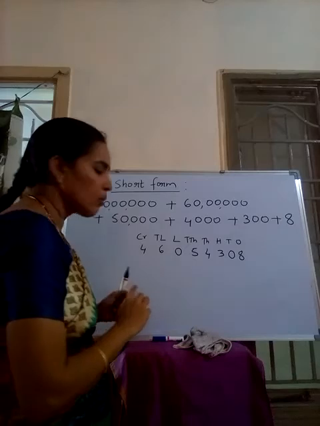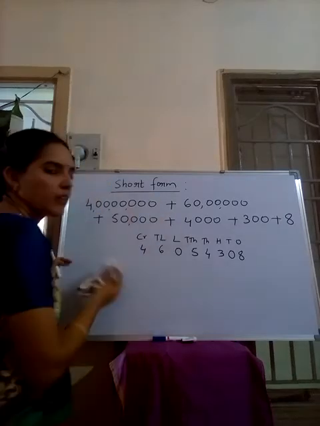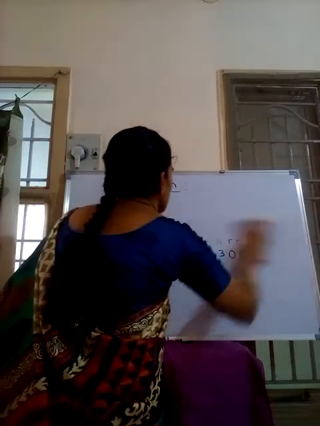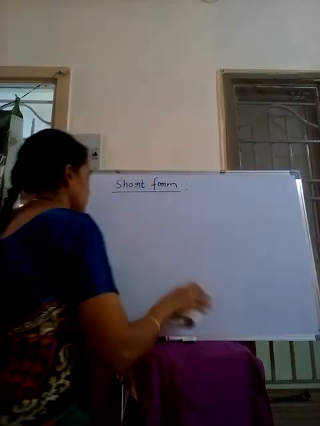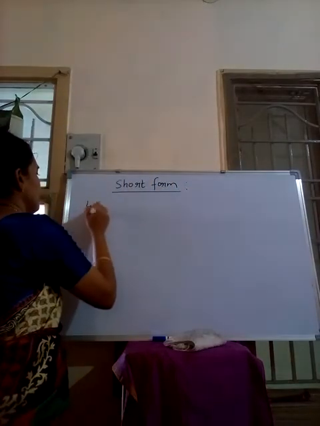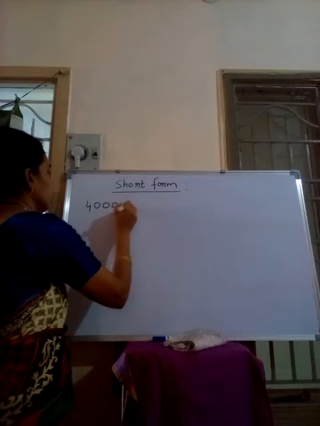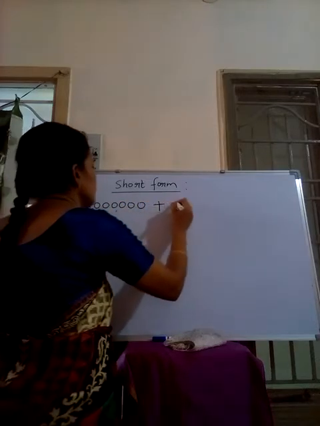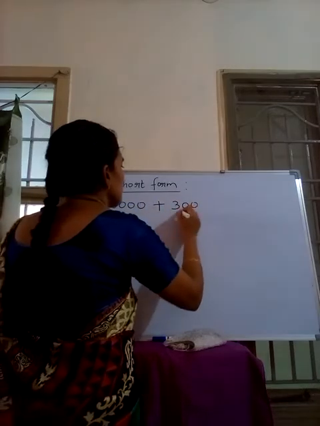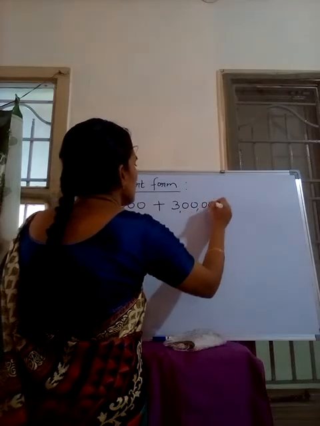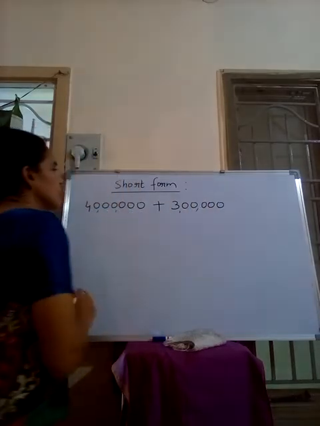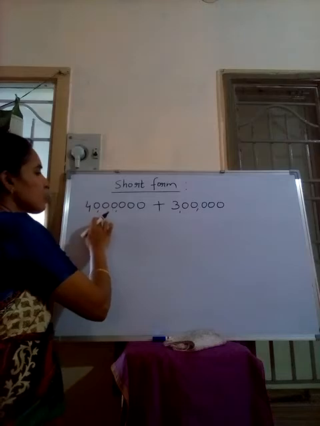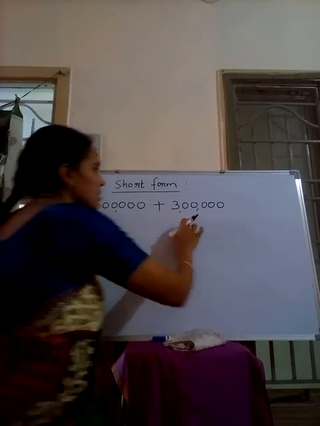Okay, clear now? Let us take one more number. Forty lakhs I took first, 40 lakhs and then 3 lakhs.